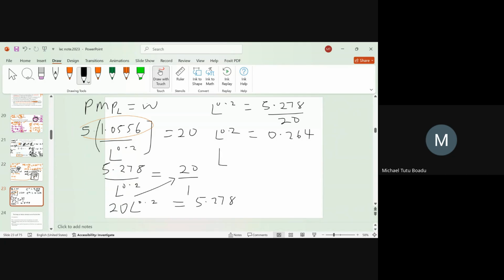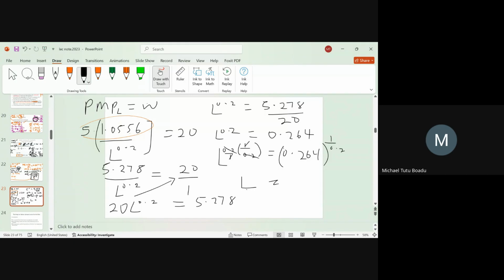So L to the power 0.2 times 1 over 0.2, remember, this is over 1, is equal to 0.264 also raised to the power 1 over 0.2. So 0.2 cancels 0.2, 1 will cancel 1. So you have your L.